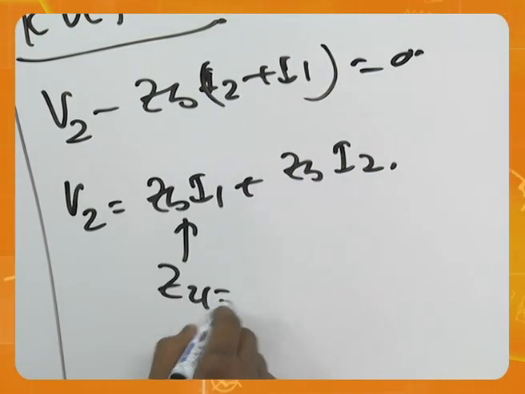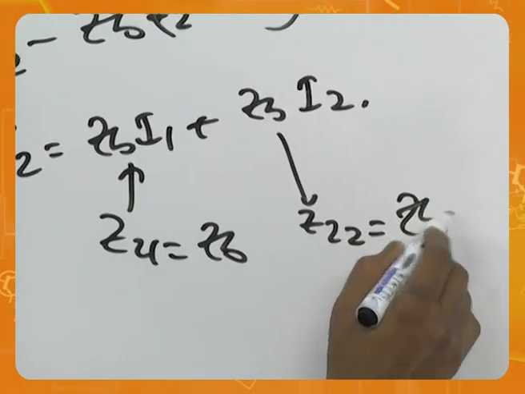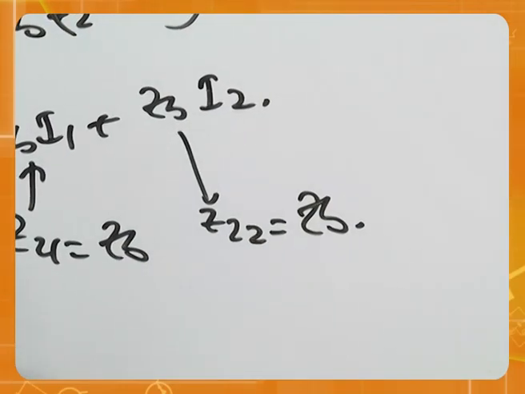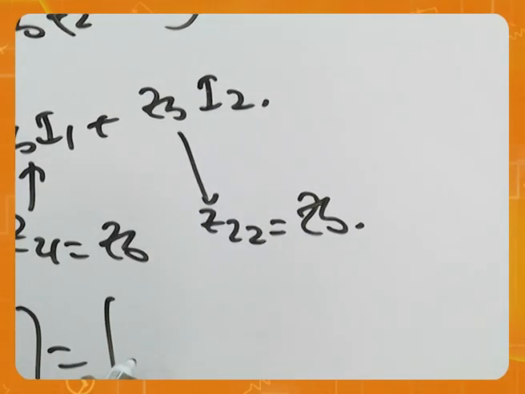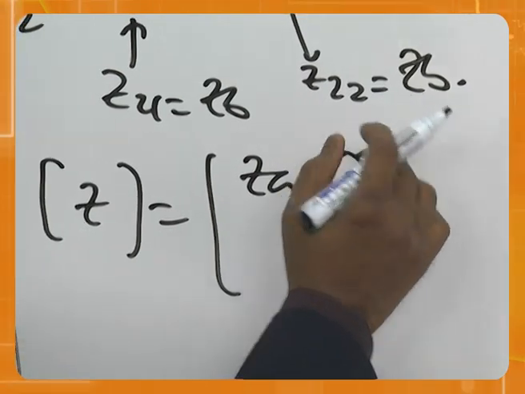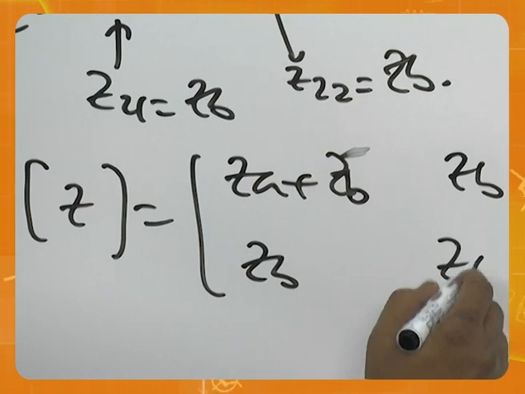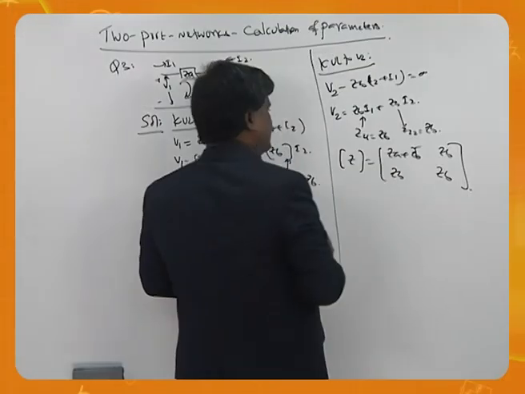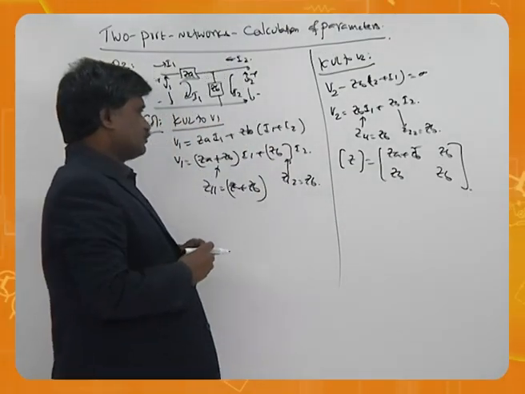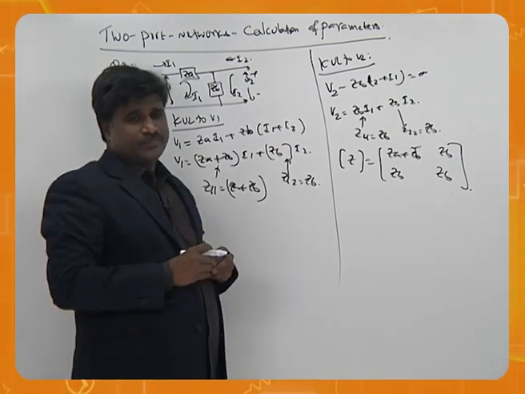So Z21 is ZB, Z22 is ZB. Therefore, Z matrix is ZA plus ZB, ZB, ZB, ZB. That's the Z matrix we have.